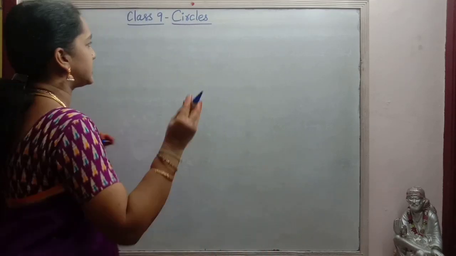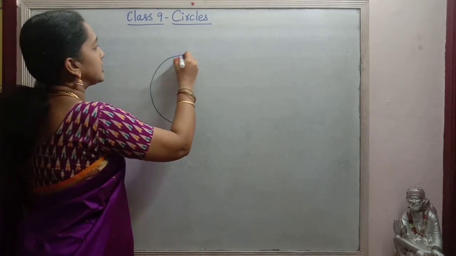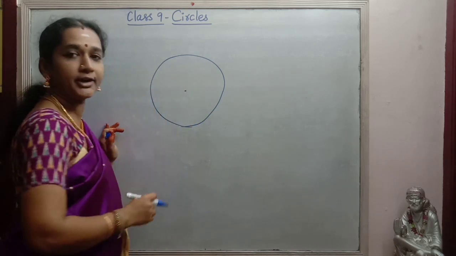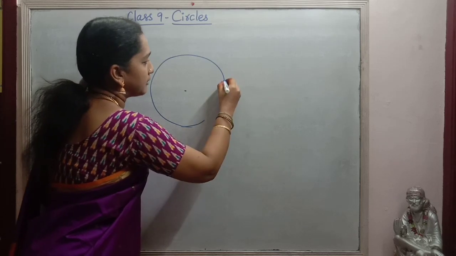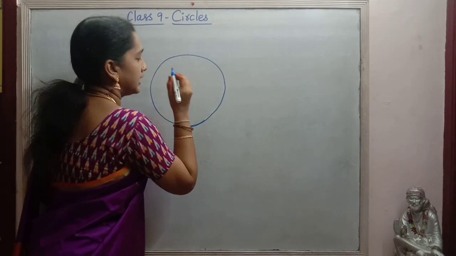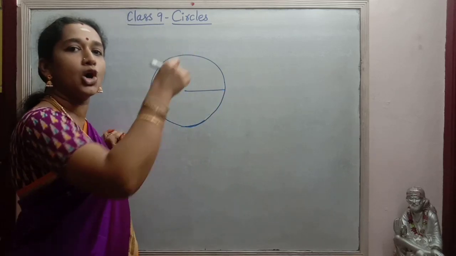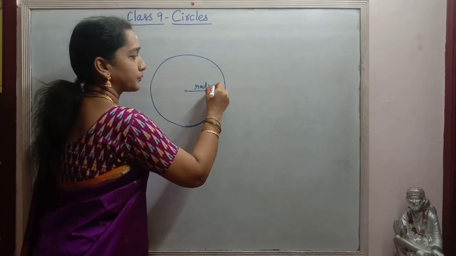So first one is circle. The basic things we know about circles are: this is the center point of the circle. From this center point only we can draw the circle. The line segment that connects the center point and any point on the circle is called the radius of the circle.